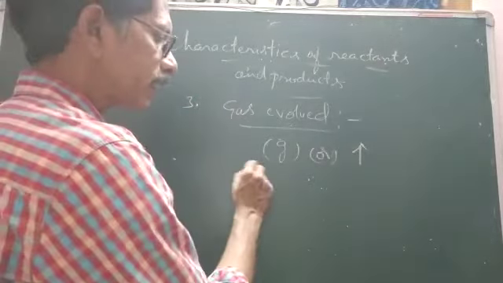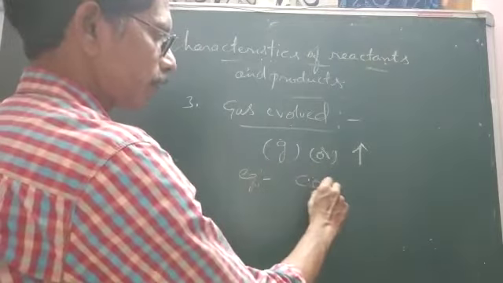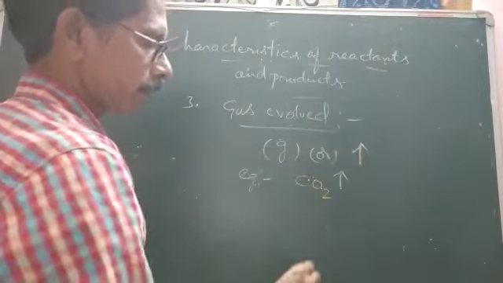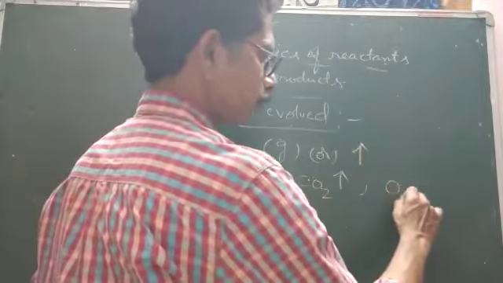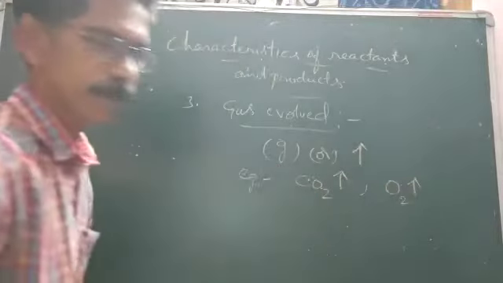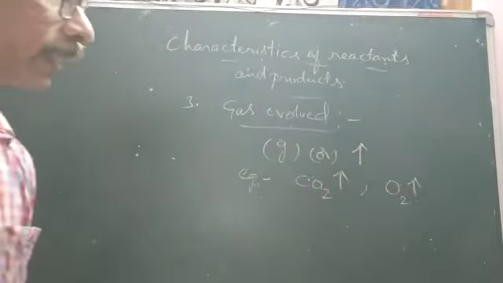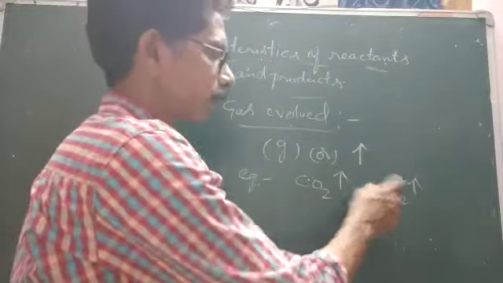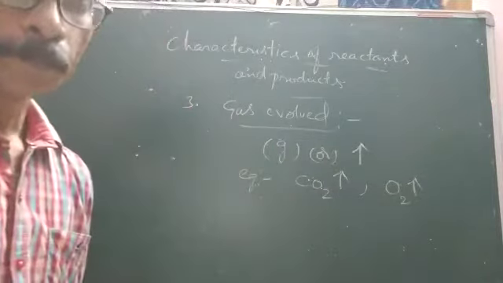Suppose carbon dioxide gas is released, CO2 gas. Oxygen gas is released, O2 gas, like that. Gas can be expressed by using this symbol, the upward arrow.